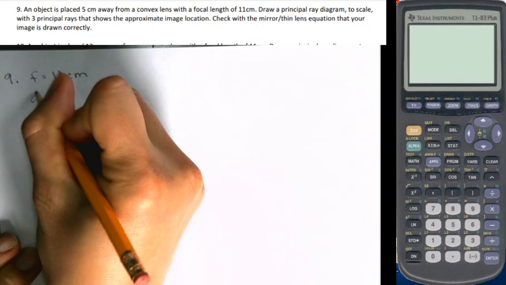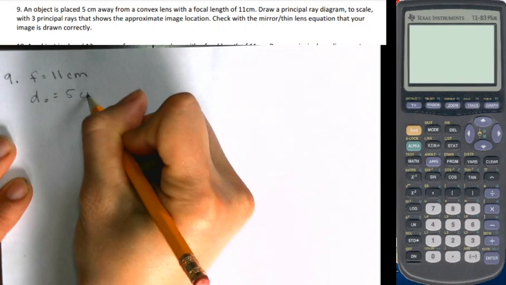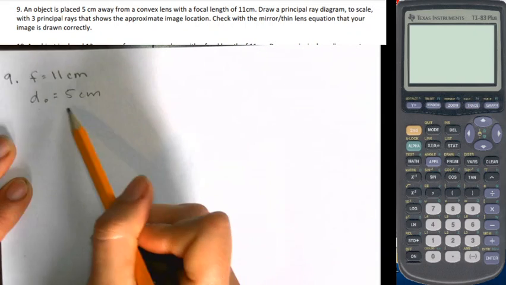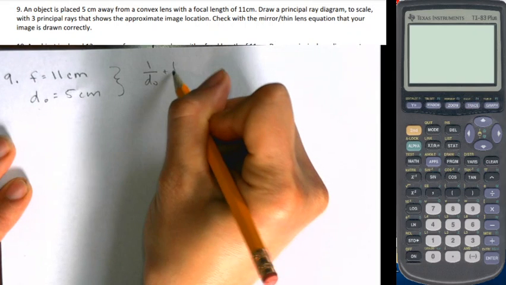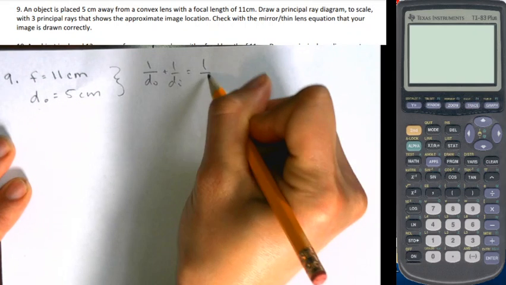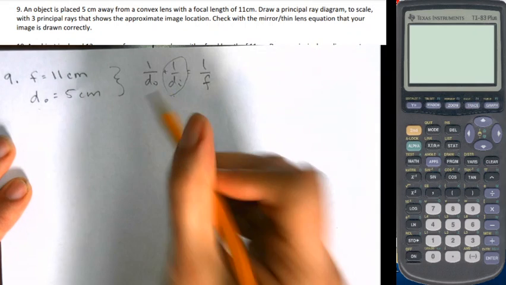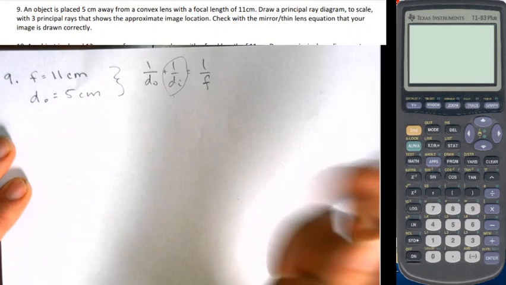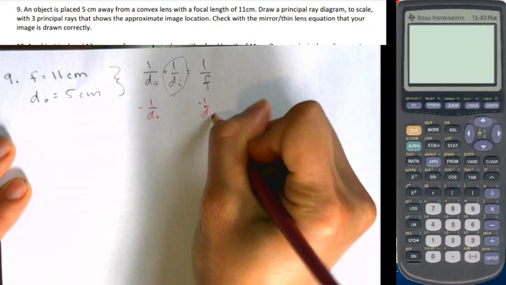The object distance is 5 centimeters. And we need to calculate the image distance. So we'll use 1 over dO plus 1 over di is 1 over f. We need to solve for this. So I'll subtract 1 over dO on both sides.